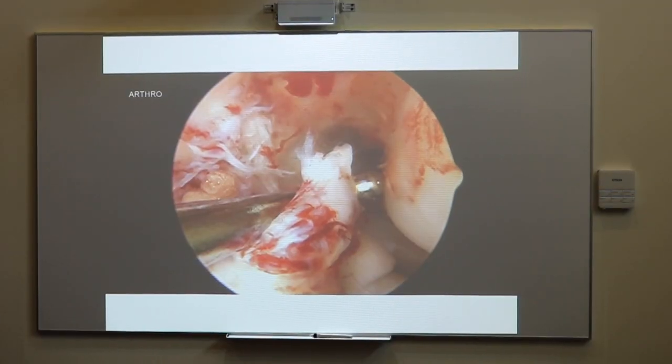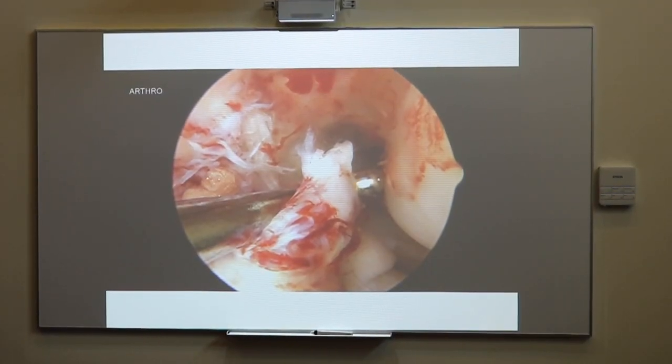Wait, sir. Why is that yellow thing on the left? This? Yeah. No, my dear, this is after trauma. There is an injury occurring here, so there are broken fibers. But this is nothing significant. This is a synovial membrane which has popped up.